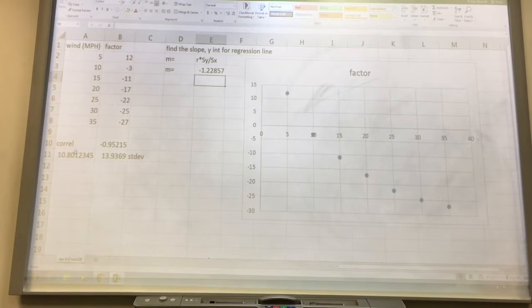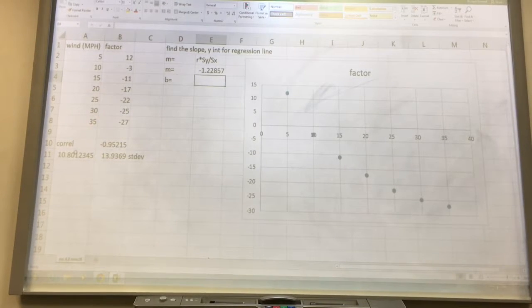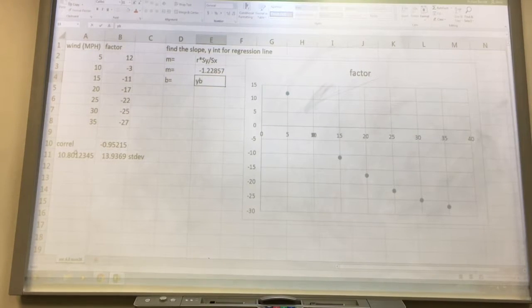Is it okay that it's negative? Yes, it should be negative in this case. Now my intercept b equals, what's that formula? You can look it up. It's y bar minus m times x bar.